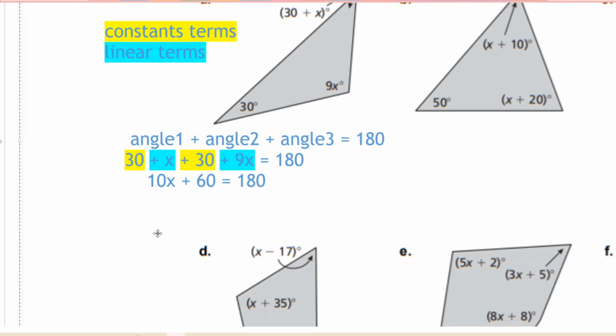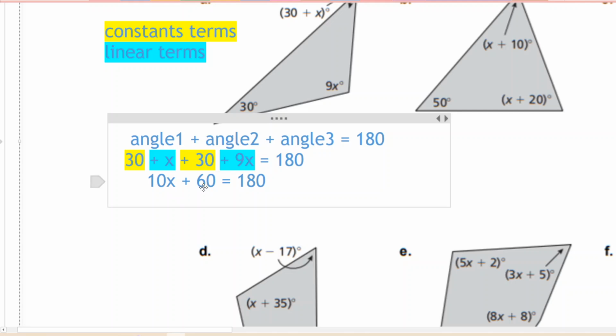Usually with the order of operations, you would add last, but we want to add first. We want to deal with this 60. You might want to think about it as the furthest thing away from the x, because the 10 is kind of stuck onto the x. There are a few different ways of looking at it, and I'm just trying to introduce them to you. But if you have 10 times x plus 60, you want to deal with that 60 first.